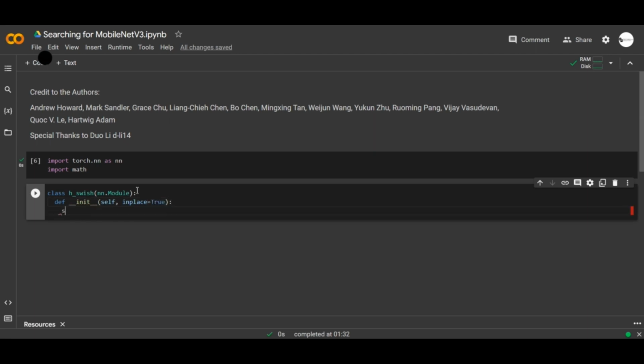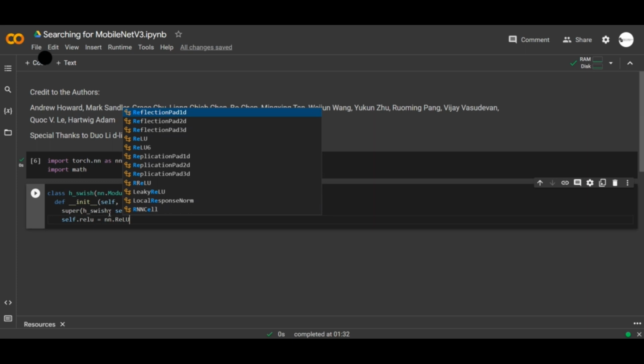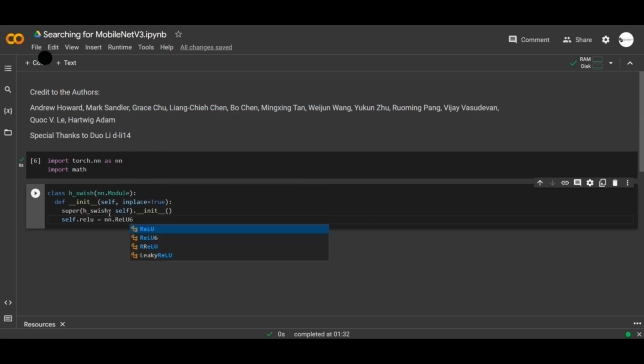Then we're going to say super, HSwish, then self dot __init__. Then we're going to say self.relu equals nn.ReLU6. I think I have to use small caps, ReLU6. Yes, there is a function here. Then that's also going to be inplace.